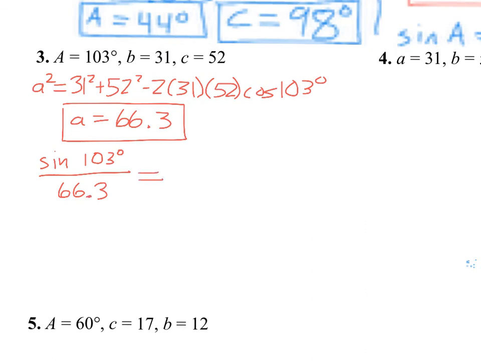Again, don't use law of sines to find the biggest angle, but we already have the biggest angle, so it doesn't matter. We know 103 is the biggest angle because a triangle cannot have more than one obtuse angle. So sine B goes over the length of side B, which is 31.